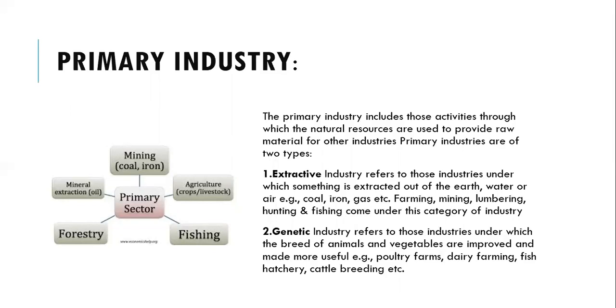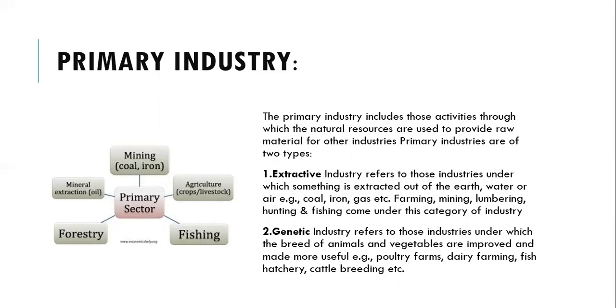Now, genetic industries are those under which breeding of animals and vegetables is improved and they are made more useful, like poultry, dairy farming, fish hatchery, cattle breeding. All these are part of the genetic industry, right?